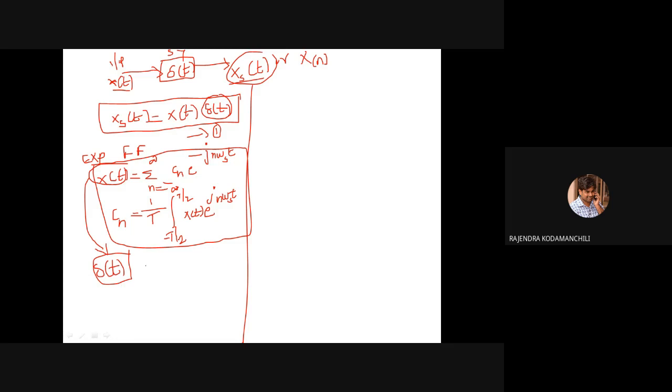So x of t is del of t, sigma n is equal to minus infinity to infinity Cn e power minus jn omega st. Where Cn is equal to 1 by T integral from minus T by 2 to plus T by 2, x of t is nothing but del of t, e power jn omega st into dt.